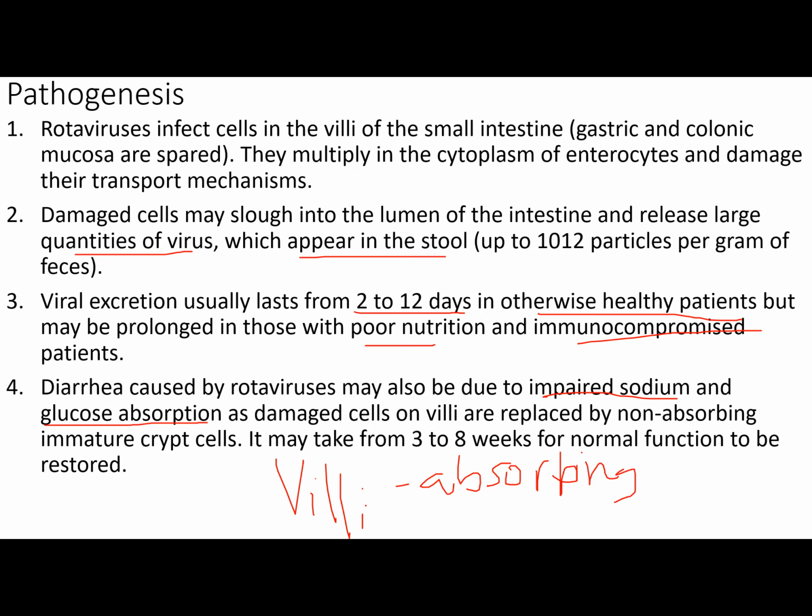Kapag na-damage sila, na-injured sila, they would be replaced by so-called immature crypt cells. Itong mga immature crypt cells na to, these are not able to absorb nutrients, leading to impaired sodium and glucose levels. It may take from 3 to 8 weeks for normal function to be restored.